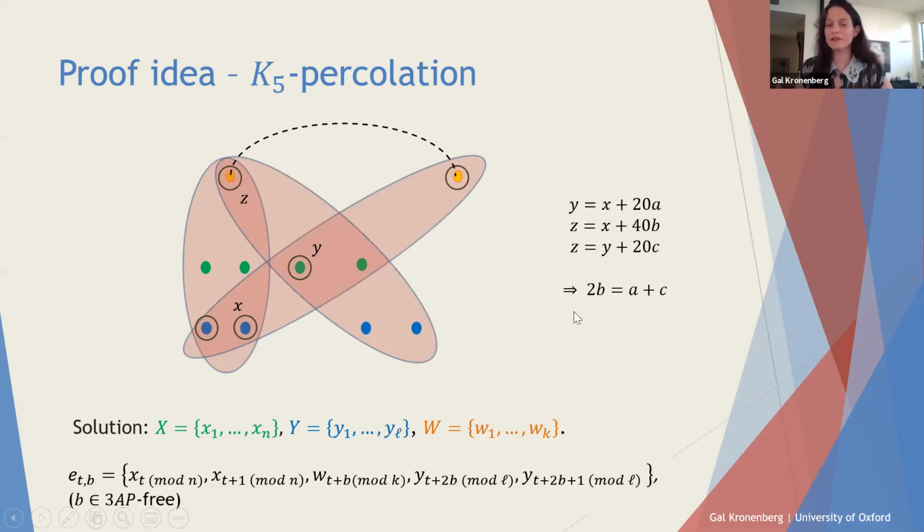And this is roughly the way I am able to avoid this thing that will create a new copy of K5 minus an edge, and this is where this three-term arithmetic progression pops up in our proof. Okay, so this is the way we found to solve this problem.